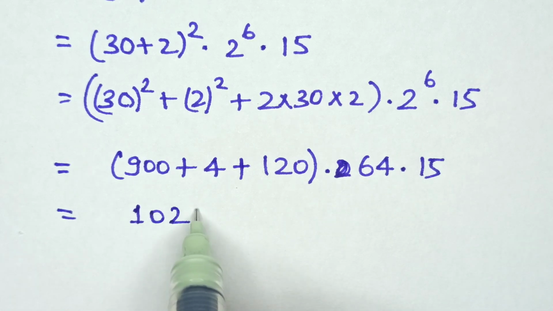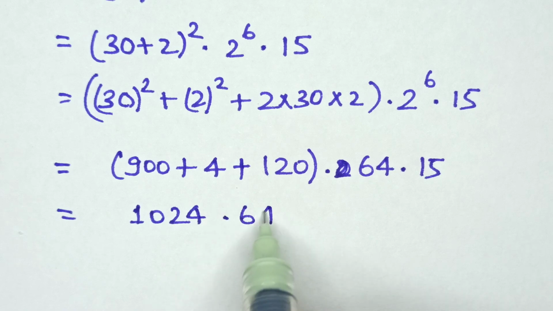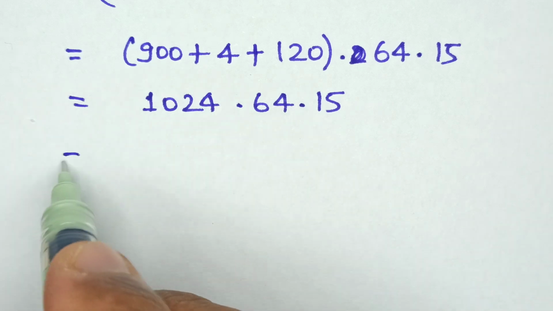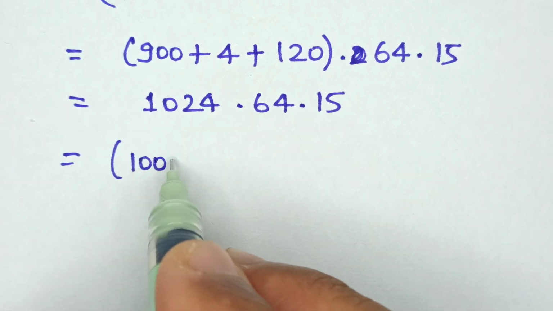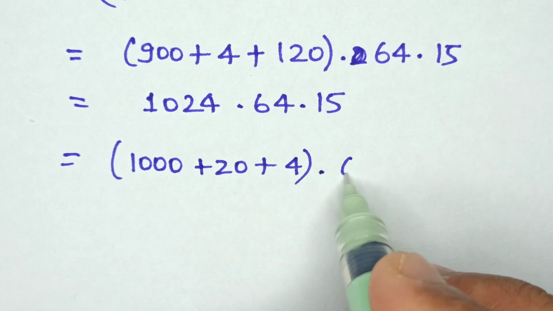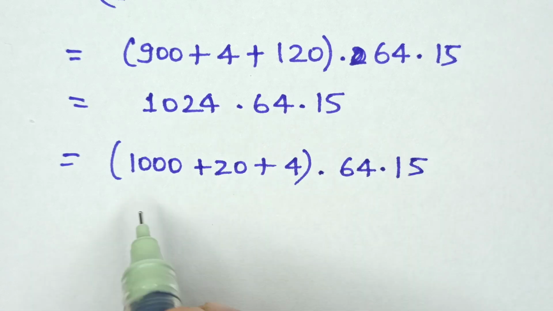So now this is 1024 multiplied by 64 multiplied by 15. Now this 1024 here can be written as 1000 plus 20 plus 4 multiplied by 64 multiplied by 15.